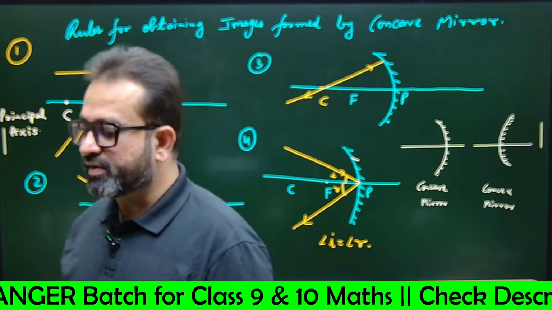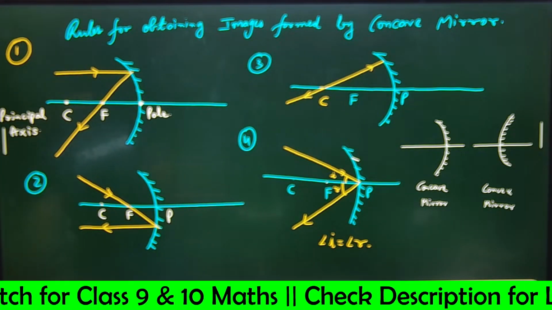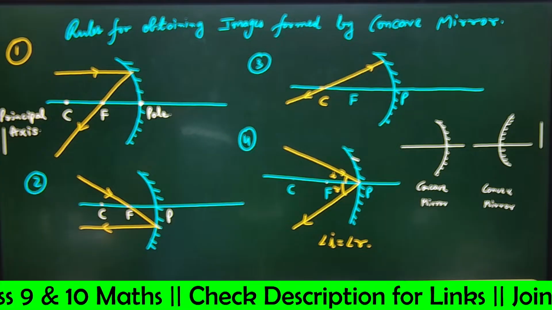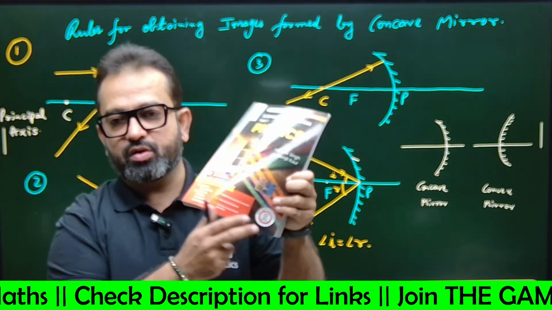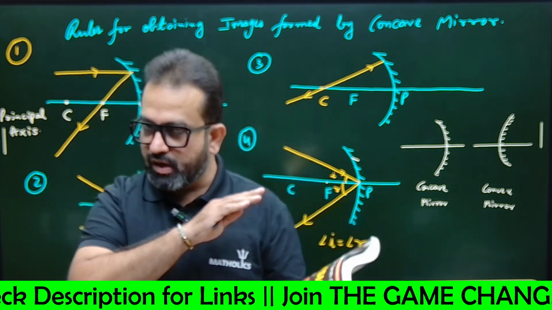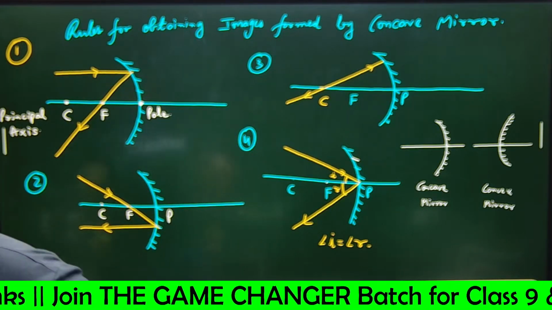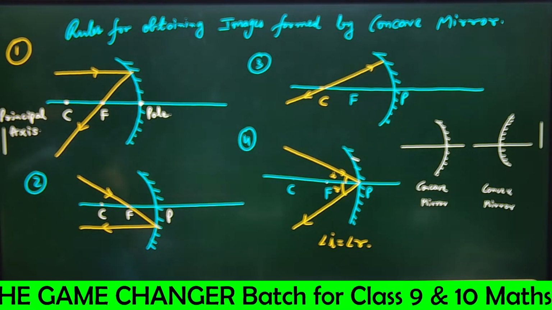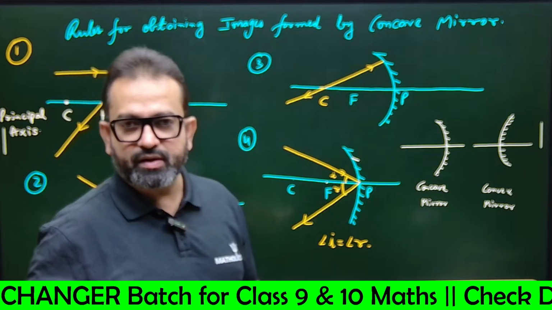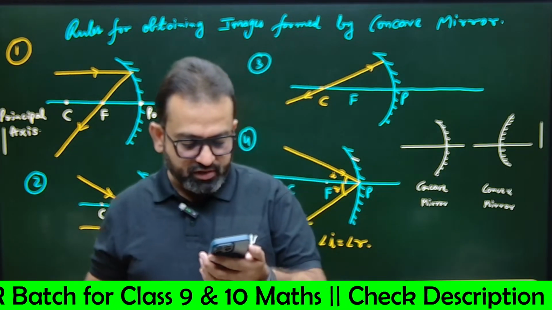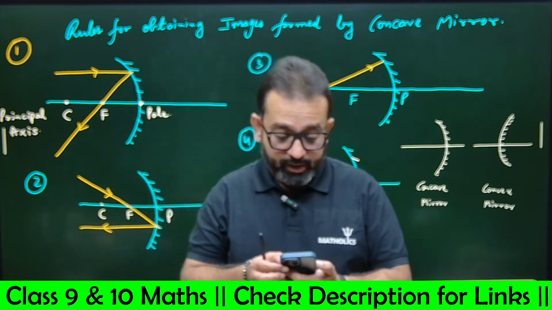Solving PYQs and everything else comes after. We'll be solving numericals from this book, Lakhmir Singh and Manjit Kaur, an amazing book. PYQs will also be solved. Everything will come on time, don't worry. In this series of lectures over the coming week or 10 days, we'll be solving different types of good questions, only numericals.